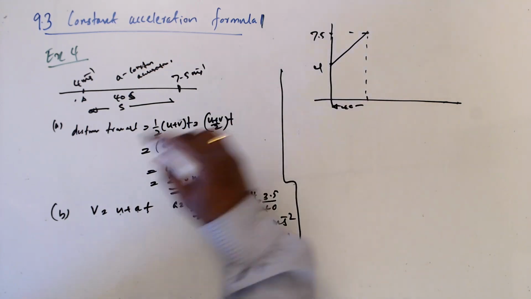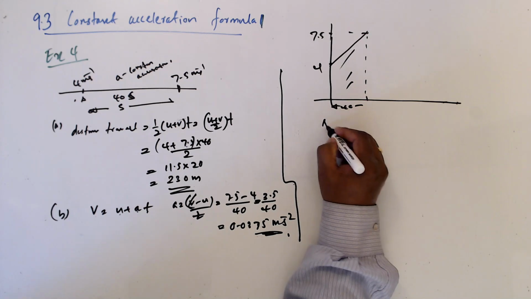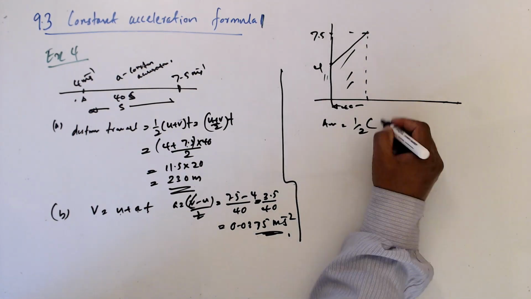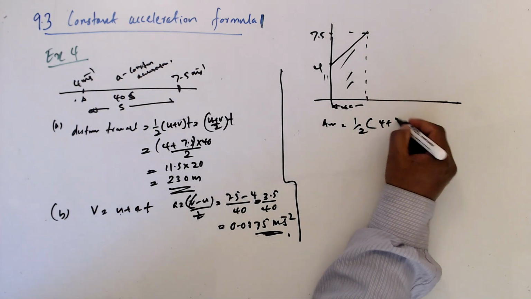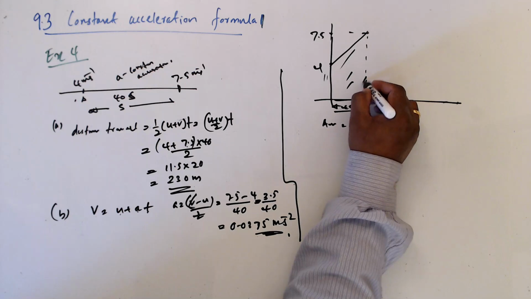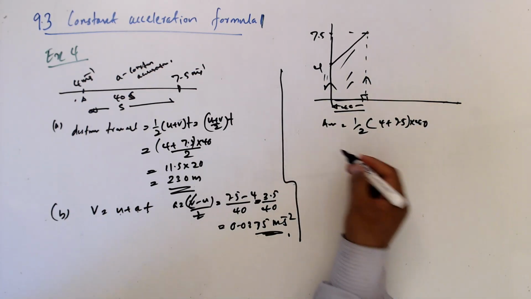So distance traveled is the area. So area is half, this trapezium, 4 plus 7.5 times the perpendicular height, because these are the parallel lines, 40. This is the same thing.